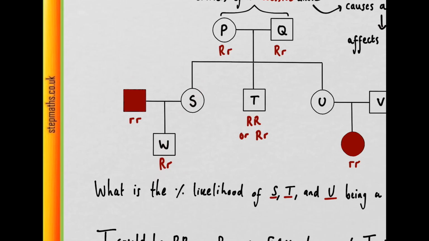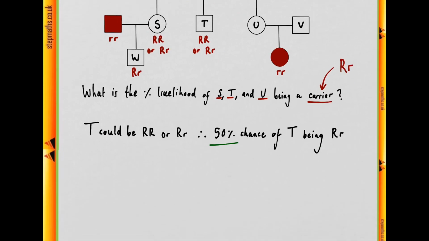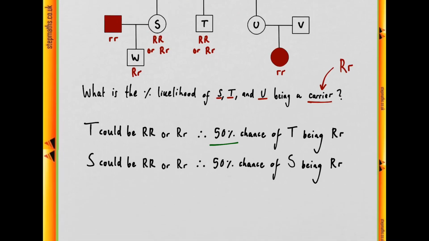Now, the mother could therefore either be homozygous dominant and transfer the dominant allele that way, or heterozygous and transfer the dominant allele the other way. So, again, there is a potential for this being both cases. So again, S could be heterozygous or homozygous dominant, and so we can say there's a 50% chance of S being heterozygous.